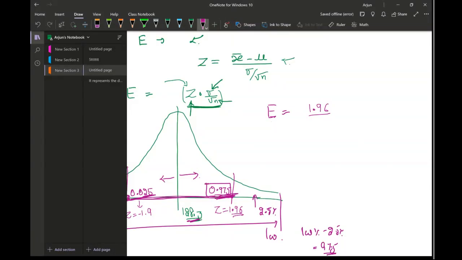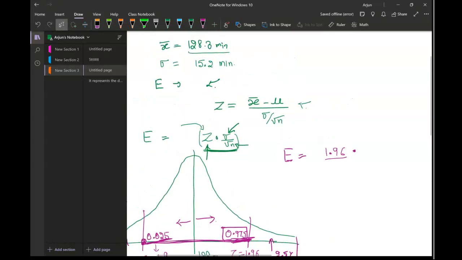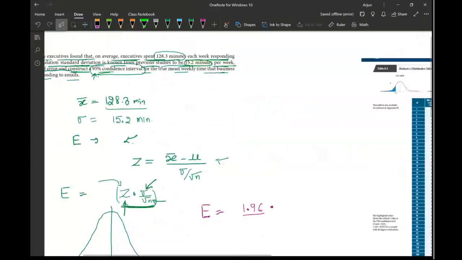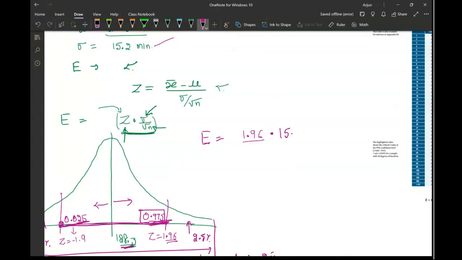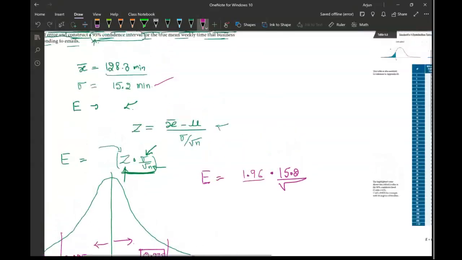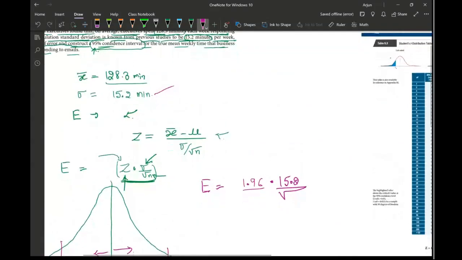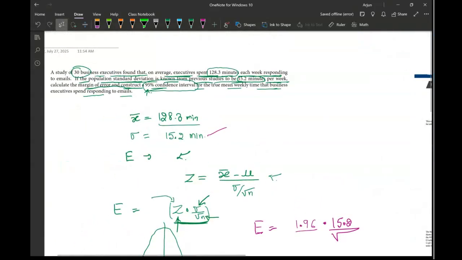Okay, so E is equal to 1.96 times sigma, which is given to us in this question, that is 15.2, divided by the square root of n. N is equal to 30.